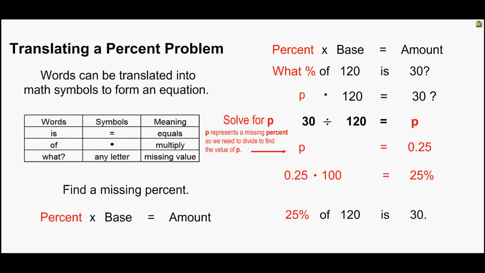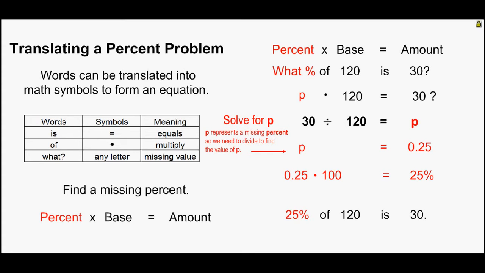Now let's use direct translation to find a missing percent. What percent of 120 is 30? Let's represent what percent with the variable P. Of is multiply. 120 is equals 30. Our percent is a missing factor.